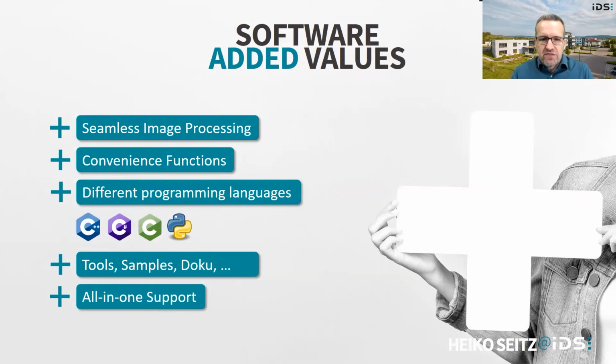In addition, with IDS Peak, you do not have to program directly with GenICam. Of course, you can, but you will be pleased about the many user-friendly convenience functions that make application programming much faster, easier, and more understandable. For example, if you want to open the first available camera, you can do this with one function call with the meaningful name open first available camera.